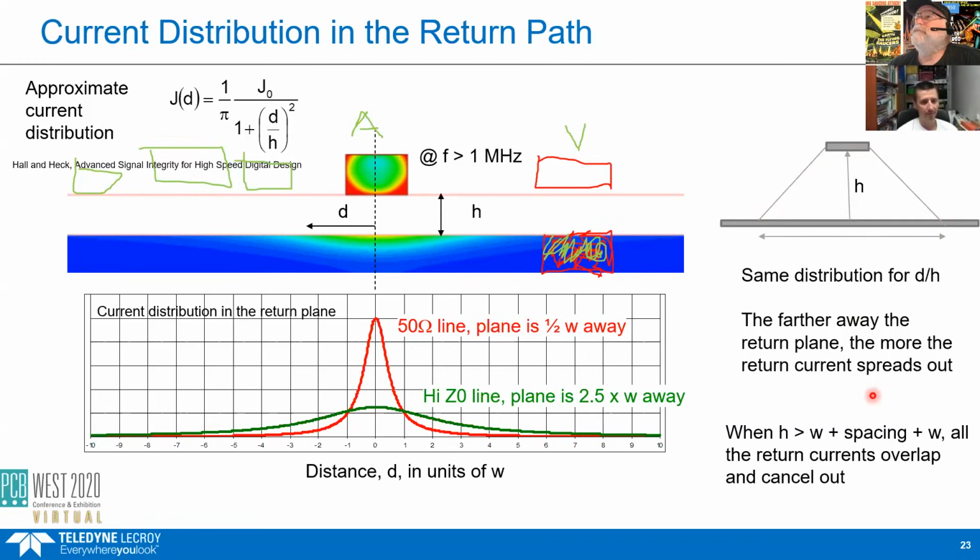That means that it's available to interact with other signals more. We get more fringe field, we get more crosstalk. And that's one of the reasons why, when you have a solid ground plane close to the signal layer, then you can basically route tracks a little bit closer and there will be no crosstalk. Right. Well, I never say no.